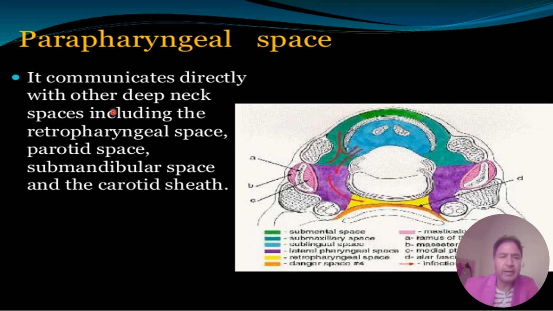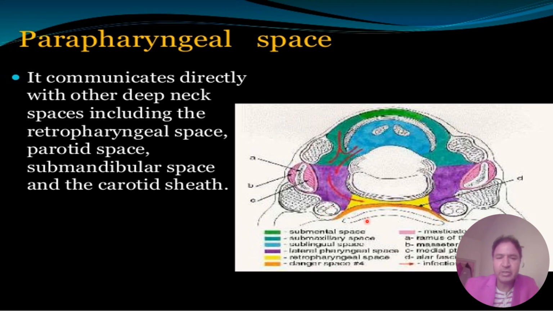It communicates directly with other deep spaces, including the retropharyngeal space. Here you can see the arrow communicates with retropharyngeal space. It communicates with the submandibular space and the carotid sheath. These are the spaces around.